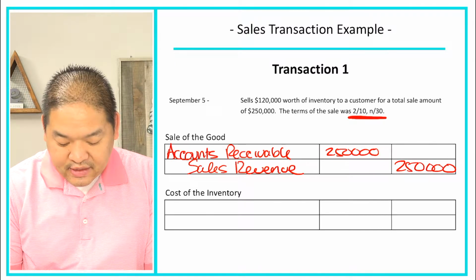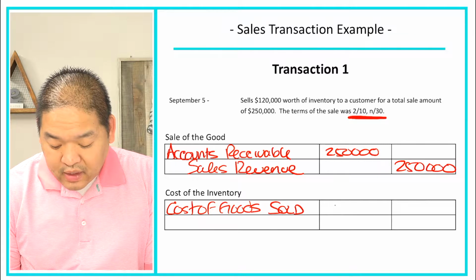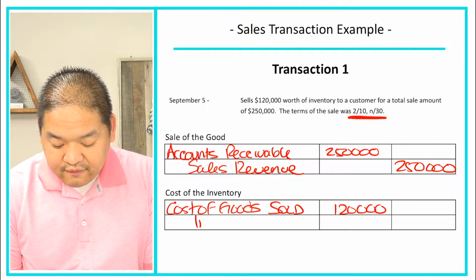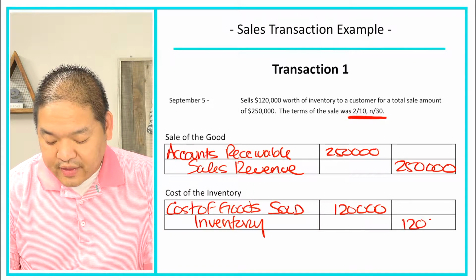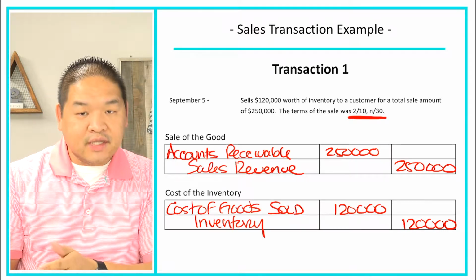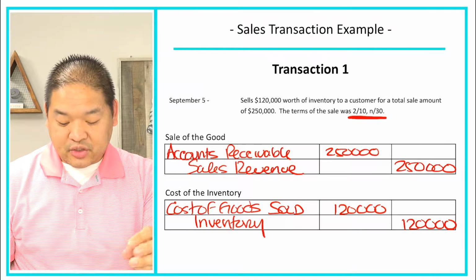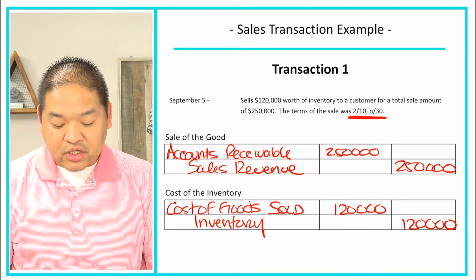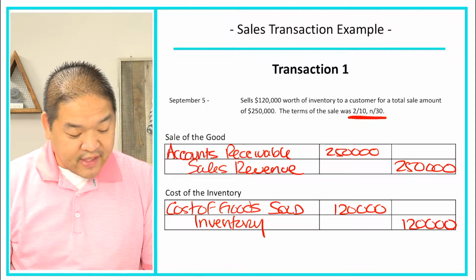So we're going to debit our cost of goods sold for $120,000, and we're going to credit inventory for $120,000. So we're taking it out of the inventory bucket and moving it to the cost of goods sold since we did sell the product to our customers. So that is our sales transaction on September 5th. We made a sale, so we have to do two sets of entries.